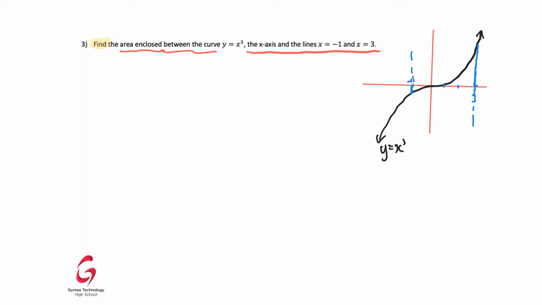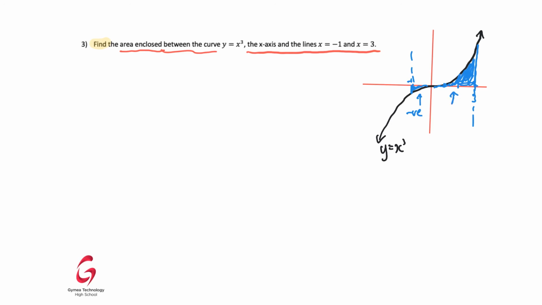All right, so essentially we're going to be finding the area of this section in here between 3 and 0, and the area here between 0 and -1. Now, who can tell me something about this problem? Yeah, this part down here between 0 and -1, that's going to give us a negative value.